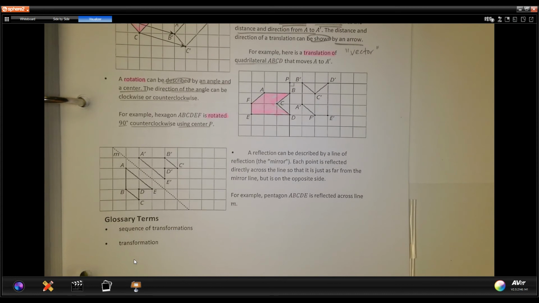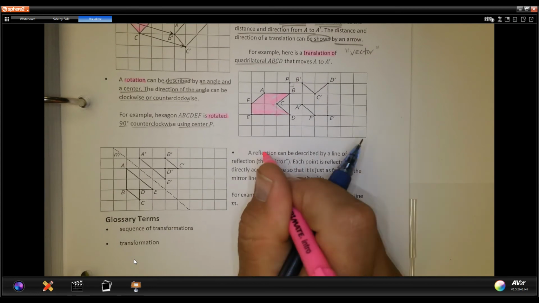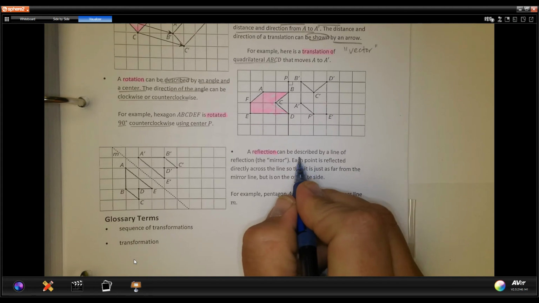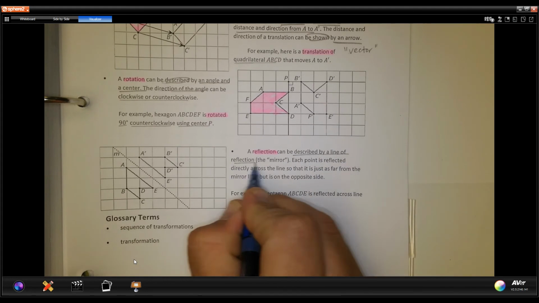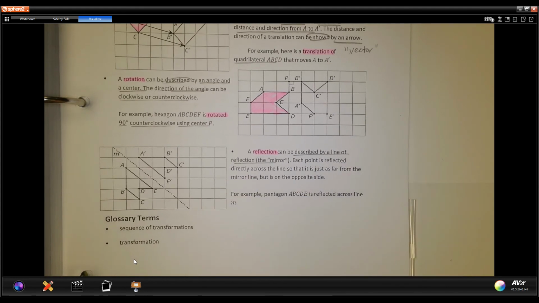Finally, a reflection. We have to describe every reflection with a line of reflection. So it's not enough just to say it flipped over a line, or it just flipped, or it reflected, because it is not going to cut it anymore.